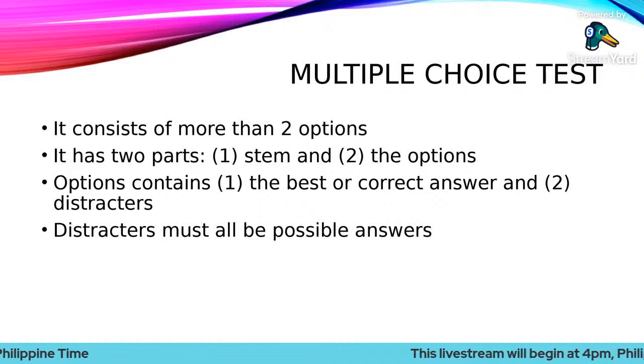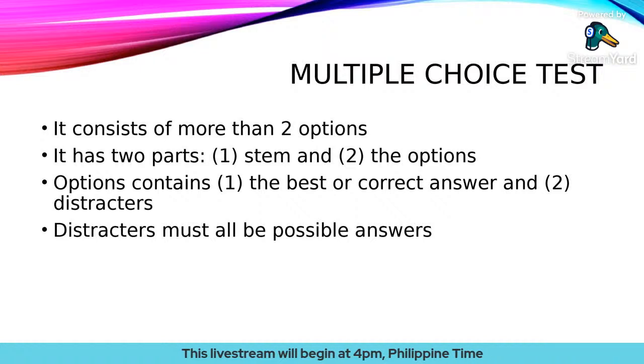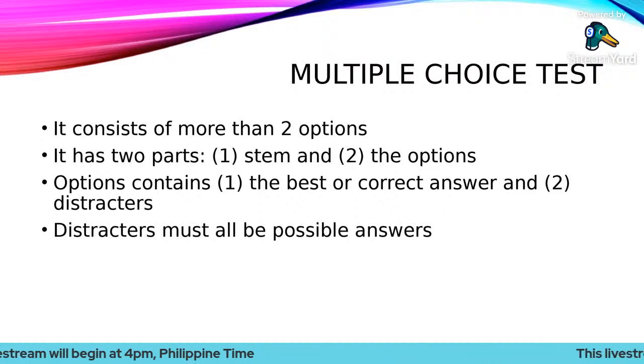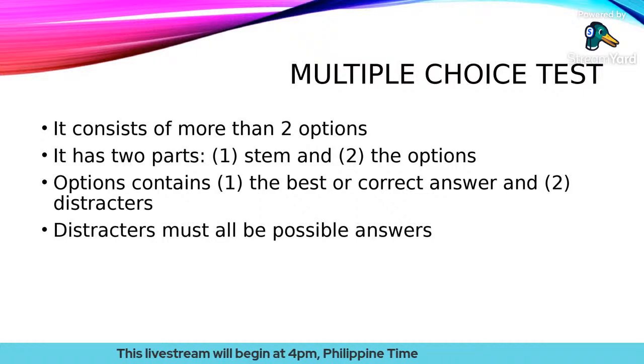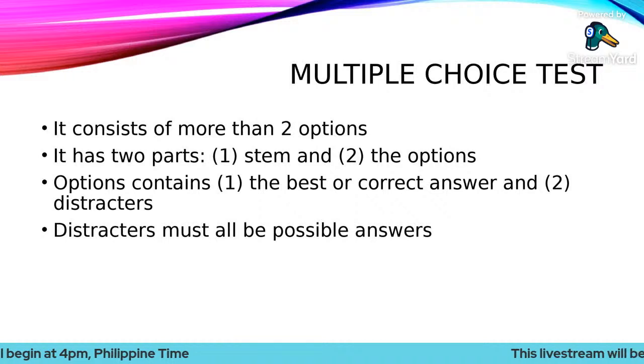Distractors must all be possible answers. In other words, when we talk about distractors, these are the options that are not the right or not the best options. So one is the best or correct answer, and the rest would be called your distractors. But in designing a multiple choice test, even the distractors must all be possible answers.